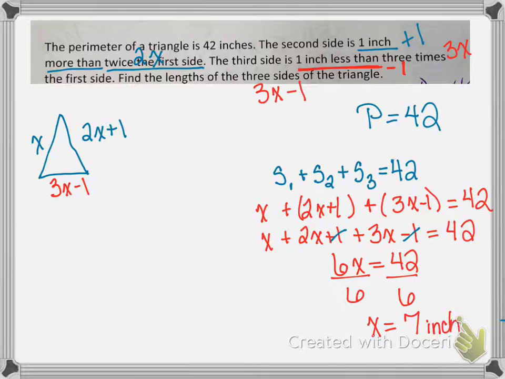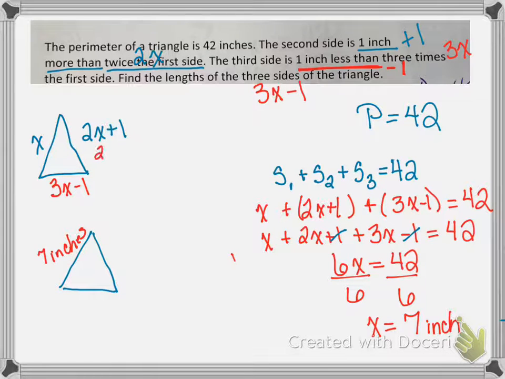Okay, now, this is only telling me one of the sides. 7 inches is just this side. How do I find out what the second side is? Good.